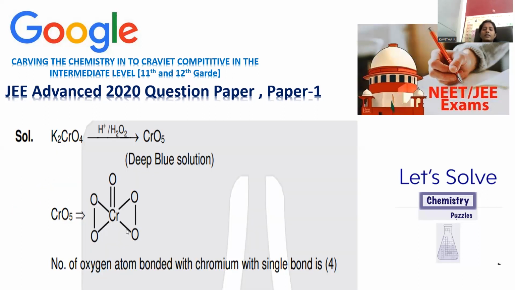You can clearly see 2 peroxy bonds and 1 carbonyl linkage around the central chromium, and chromium is in the +6 oxidation state.